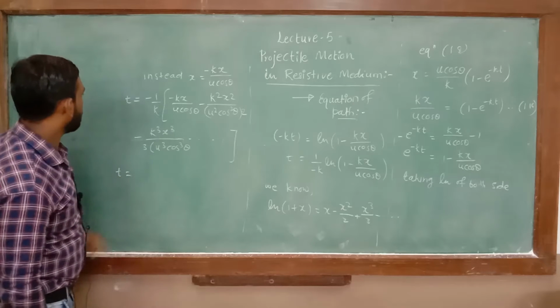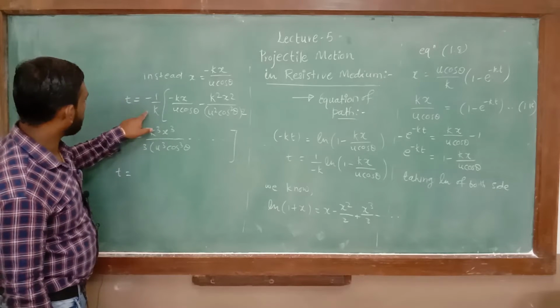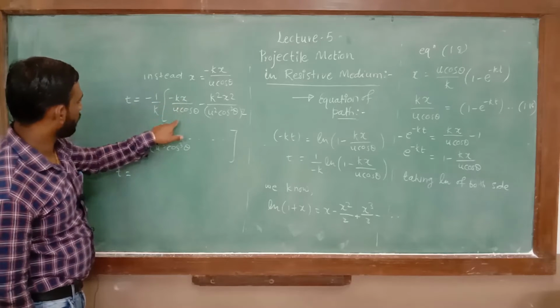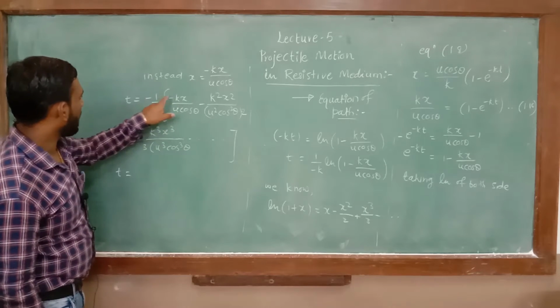So what do I get? If I multiply this minus to this minus kx upon u cos theta, so k goes away, minus becomes plus.